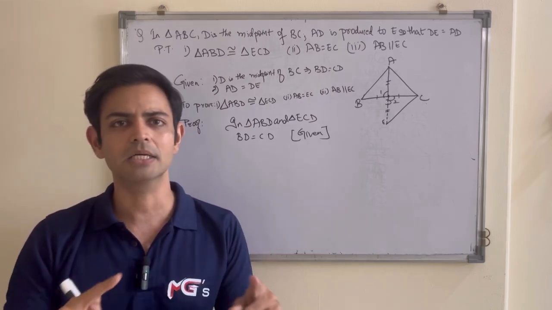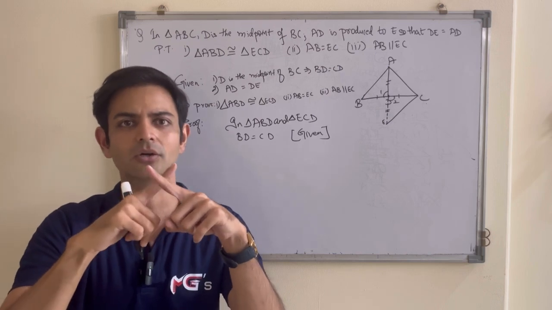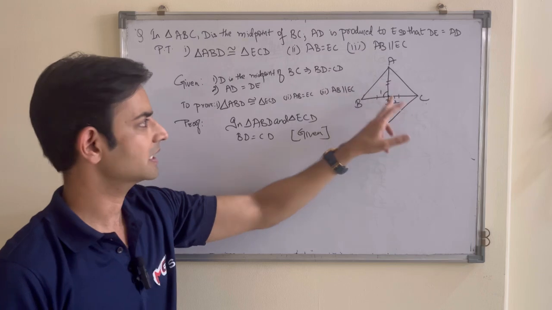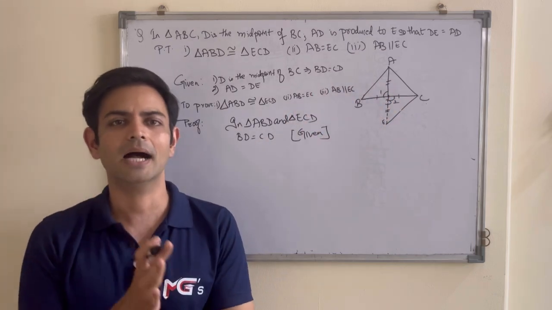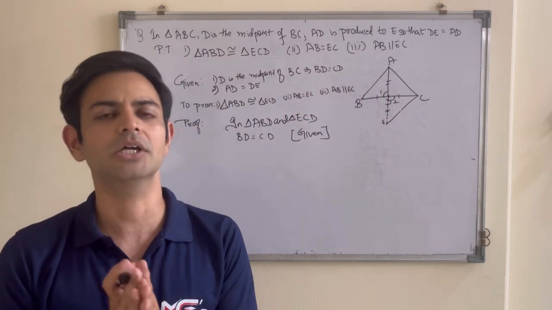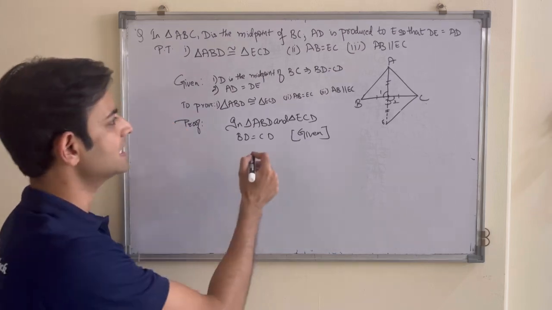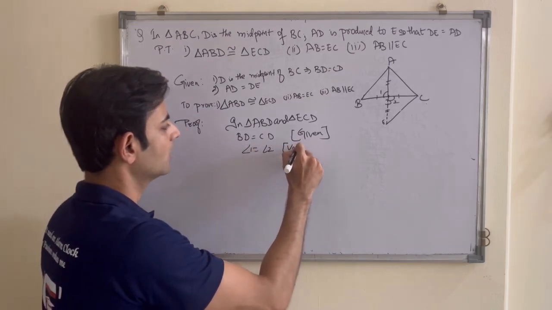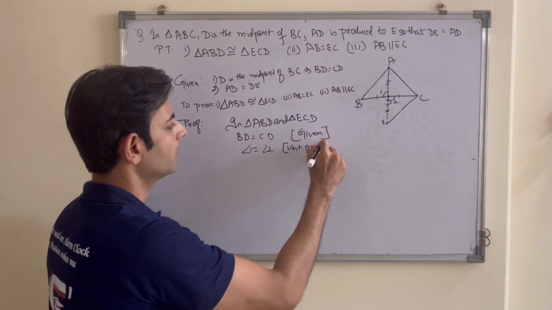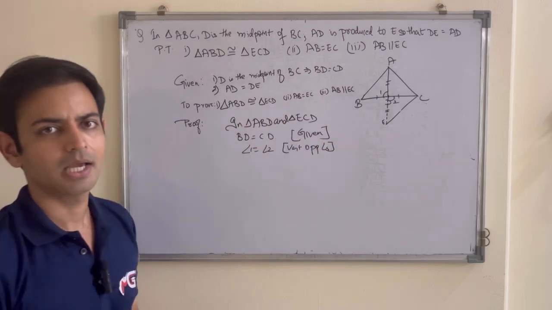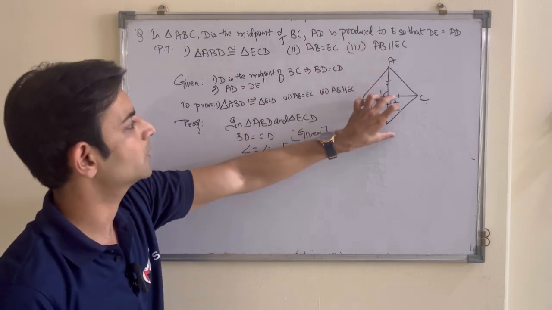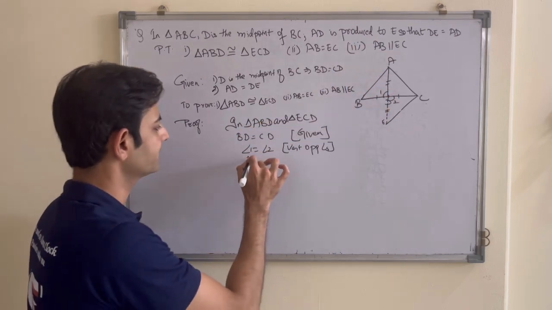If two lines cross and make an X, you can identify them as vertically opposite angles. So I can say here angle 1 is equal to angle 2, vertically opposite angles. We need a third criterion also, which is given to us: AD is equal to DE, again given.